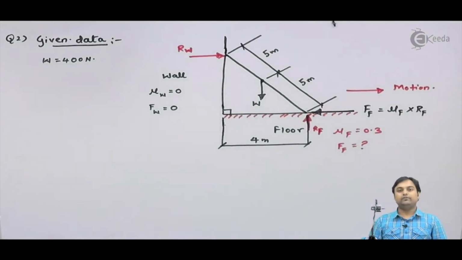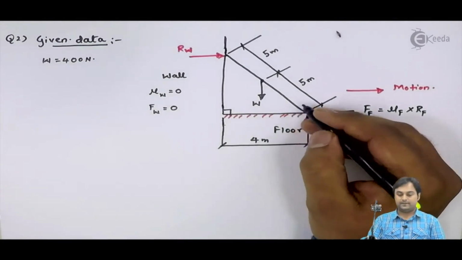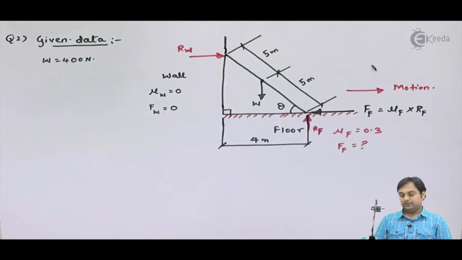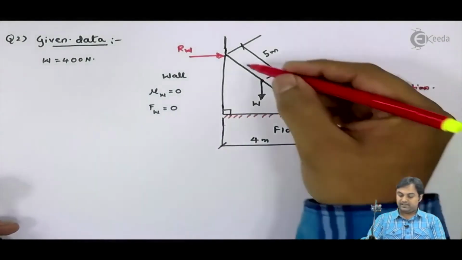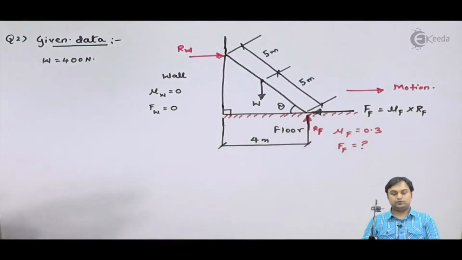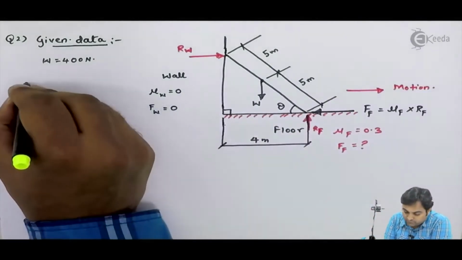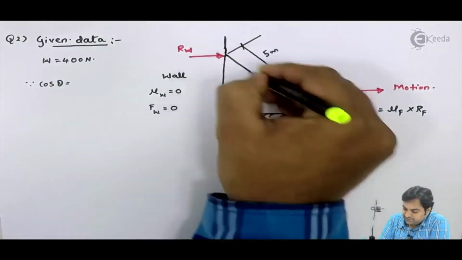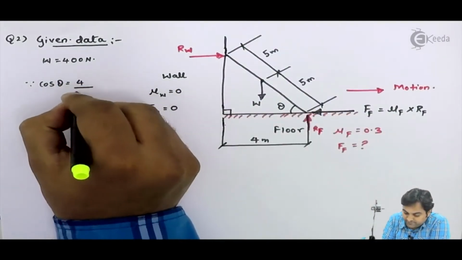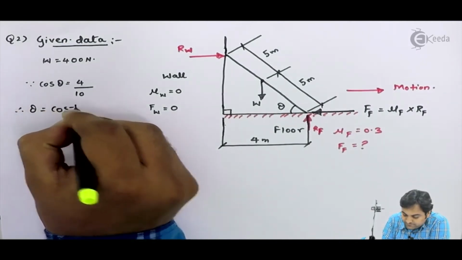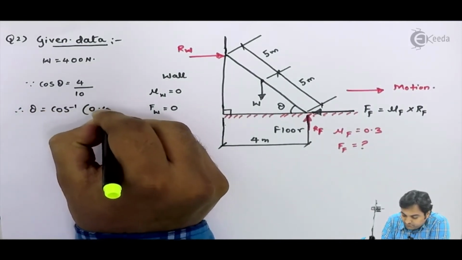First, we would try to get the inclination of this ladder. I'll say that this angle is theta, the inclination with respect to the floor, and this can be calculated as follows. Here I have hypotenuse as 10 and the adjacent side is 4, so since cos theta is equal to adjacent upon hypotenuse, that is 4 divided by 10, therefore theta will be cos inverse of 0.4.